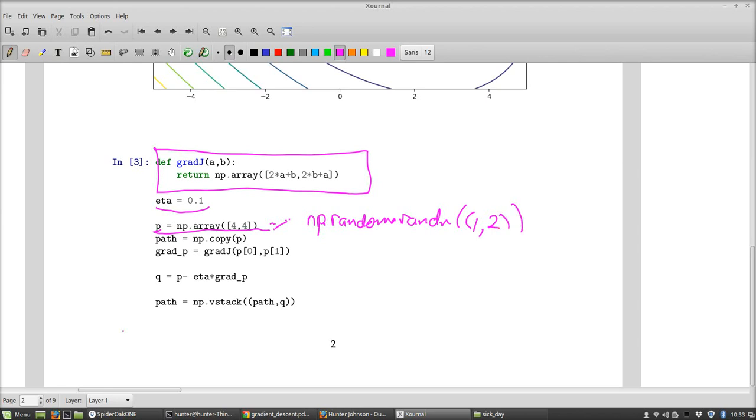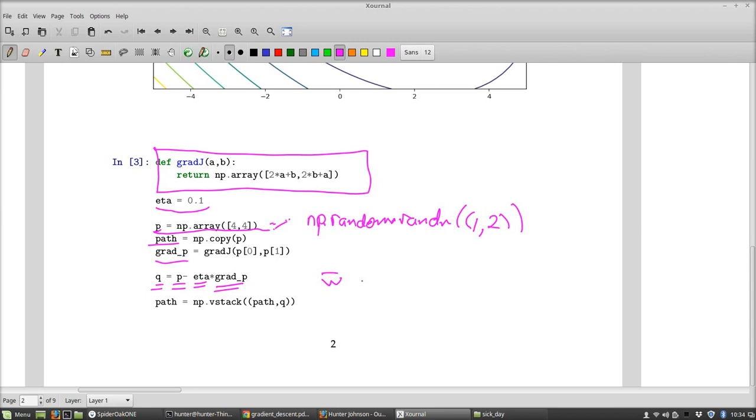All right. So this path variable is just me keeping track of all the points that I've been to before. That's because I want to plot a little Hansel and Gretel trail that the guess follows. So we get the gradient of the initial point, and then the next point is the previous point minus eta times the gradient. And so this is the update rule. Let's use the notation that we actually do use.